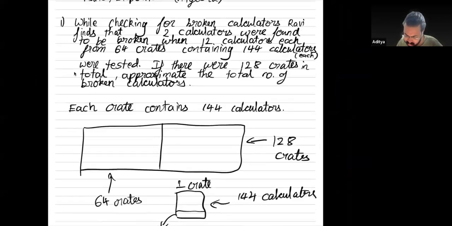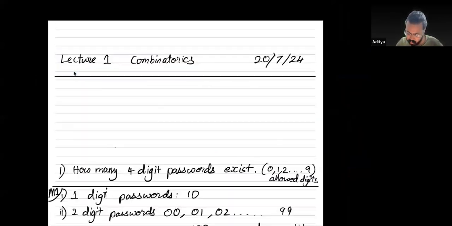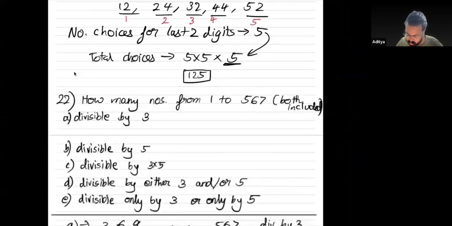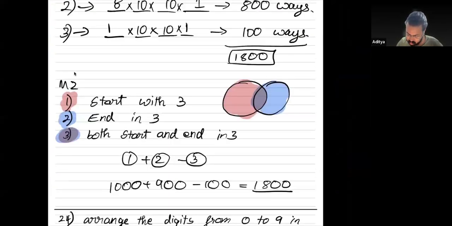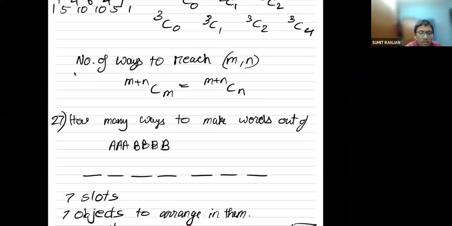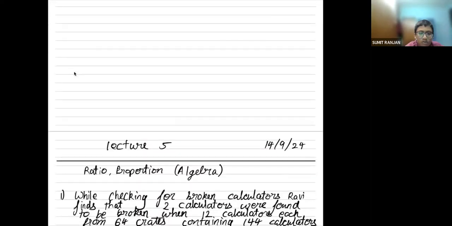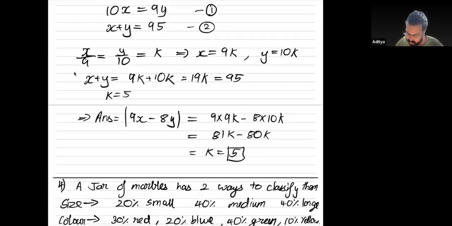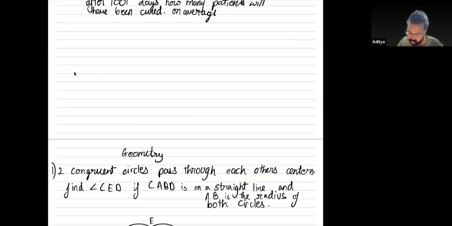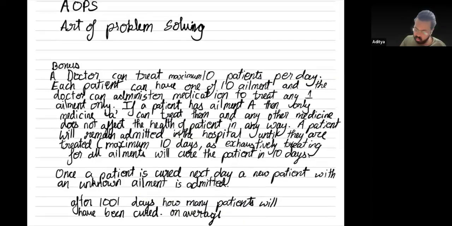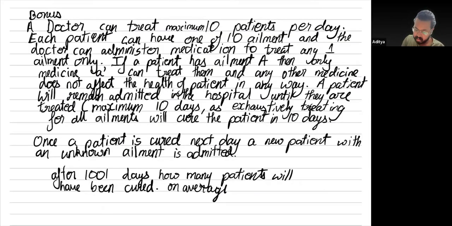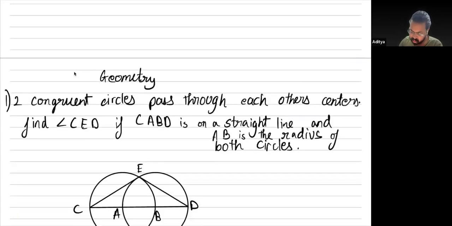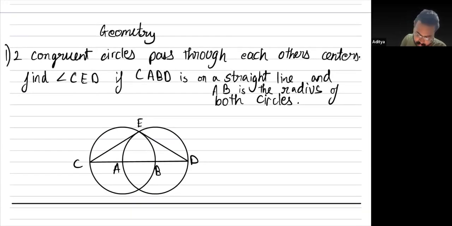We did a little bit of algebra, ratio and proportion, and then I had given this final question, which was unsolved. Today I won't solve it since most of you might not remember it. Attempt this, next class we will discuss this. It's part of the notes, and after that geometry starts.